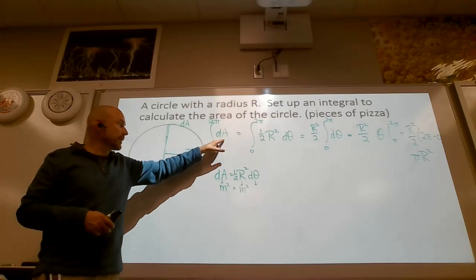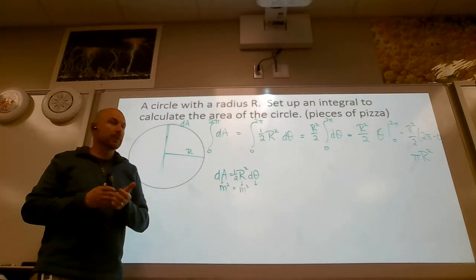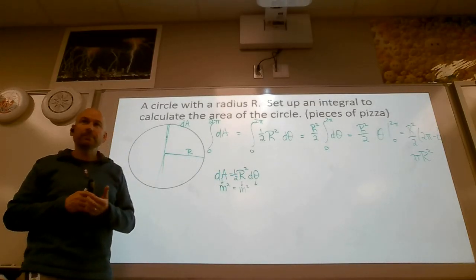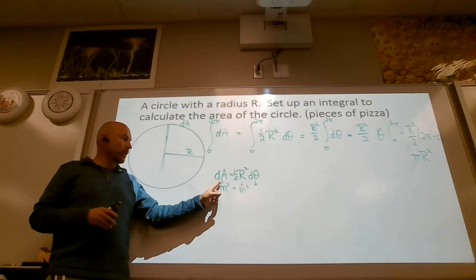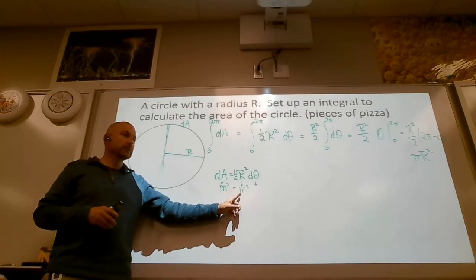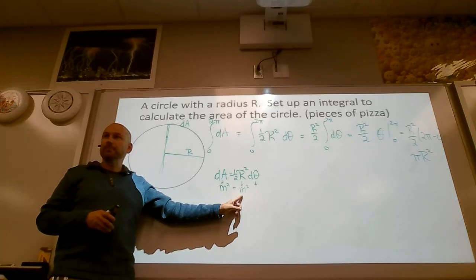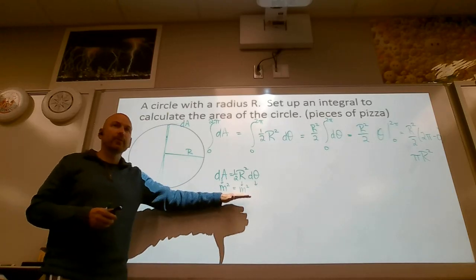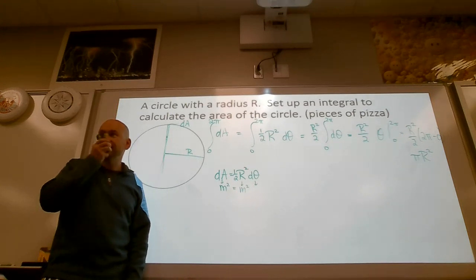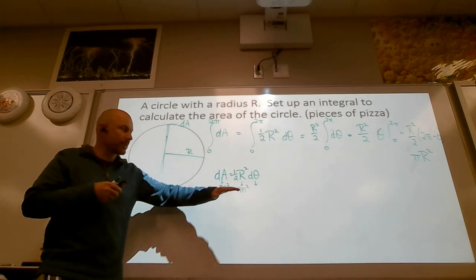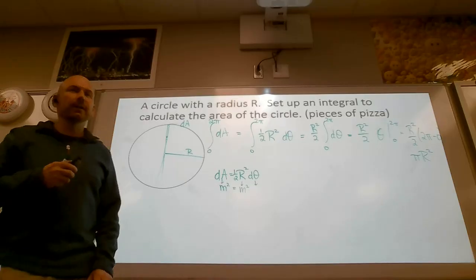I chose to change this in relation to theta. The other thing I want you to walk away with is the unit of this has to be the unit of this. Has to be. This will save your bacon when you're creating this stuff.